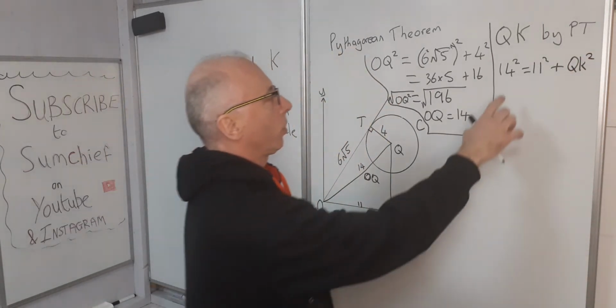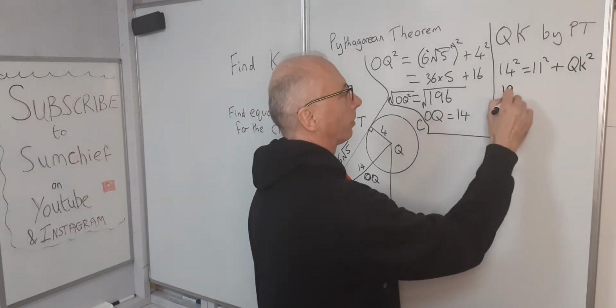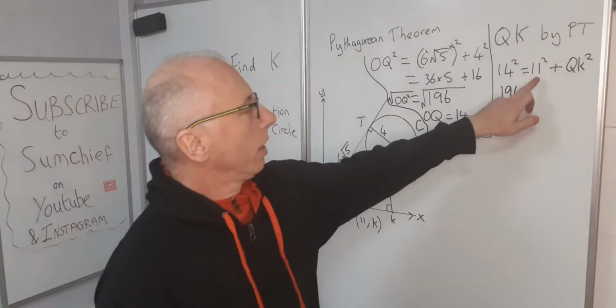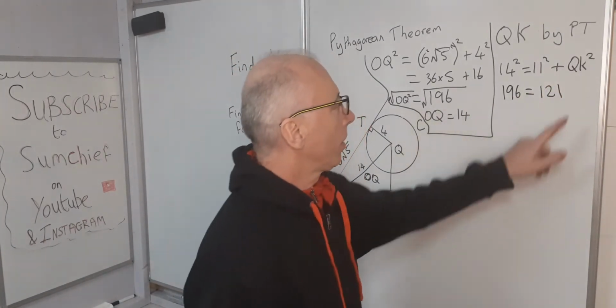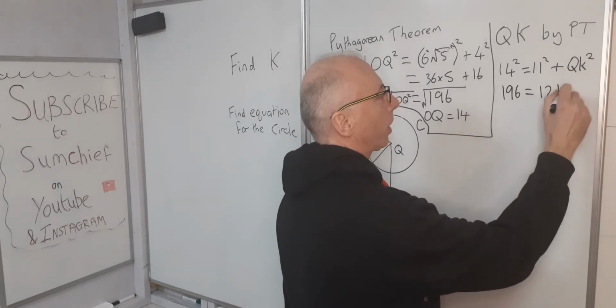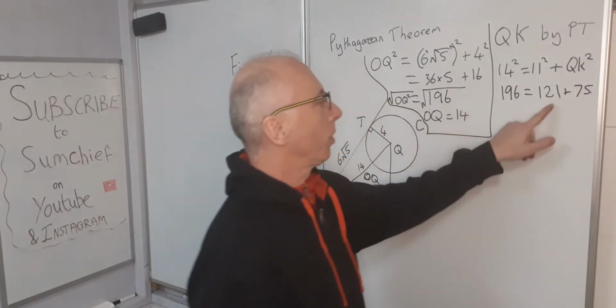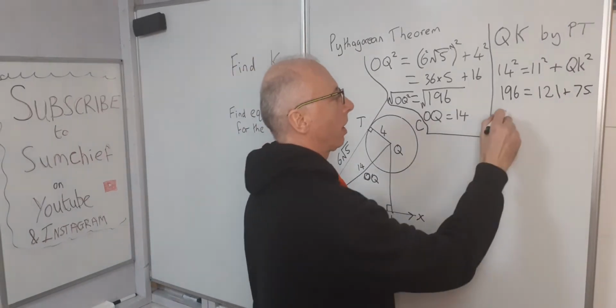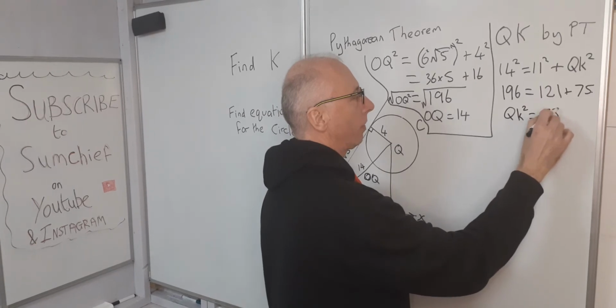Okay, 14 squared we know is 196, we've already worked that out. 11 squared is 121. So therefore QK squared is going to be 75, isn't it? 196 minus 121 gives us 75. So therefore QK squared equals 75.